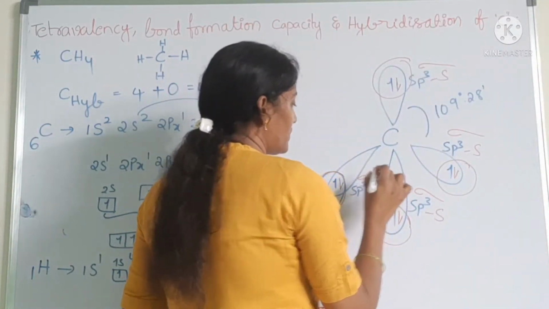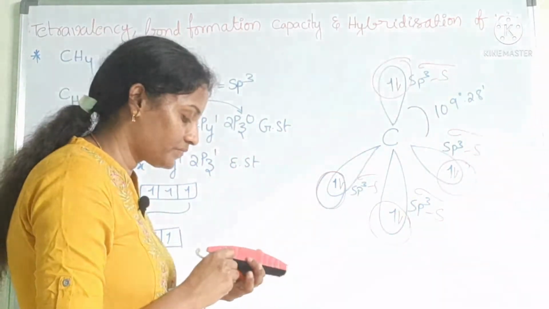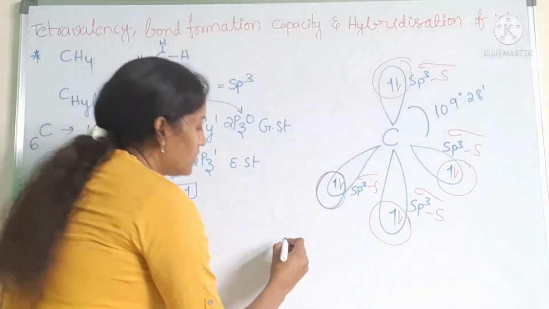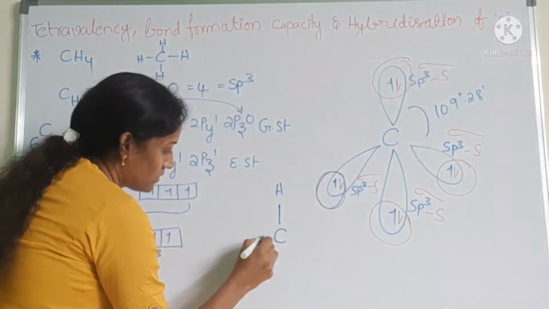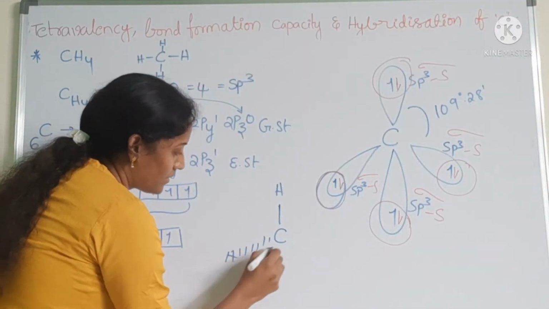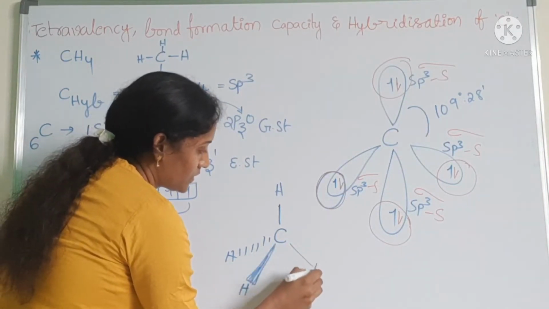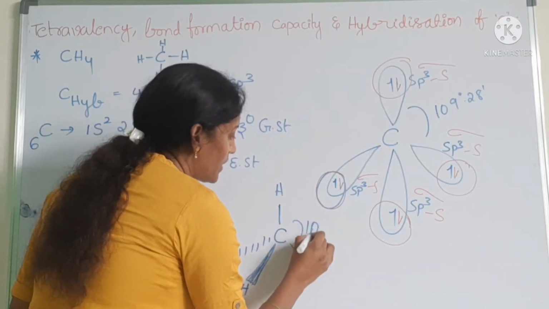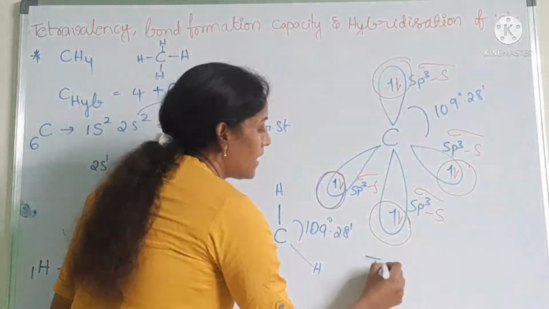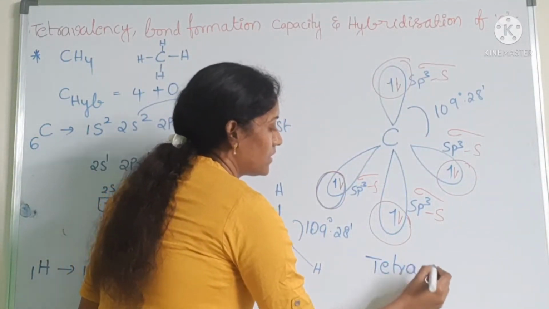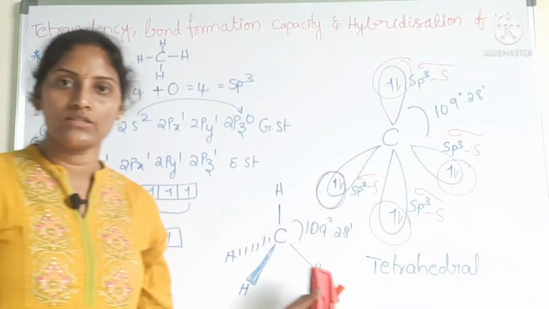All are sigma bonds, 4 single covalent bonds. See, it is a carbon. Okay, this is one hydrogen, this is another hydrogen, this is one hydrogen, this is one hydrogen. Bond angle is 109 degrees 28 minutes. It has tetrahedral geometry.